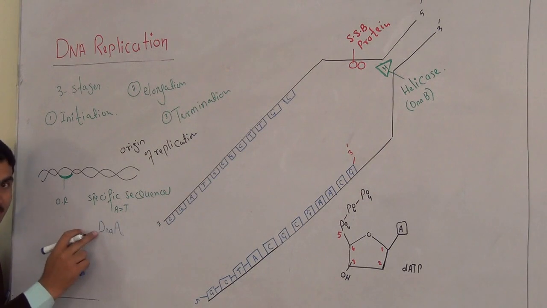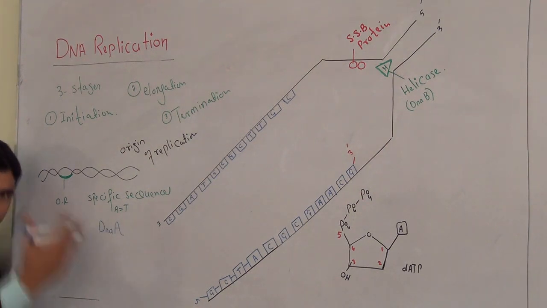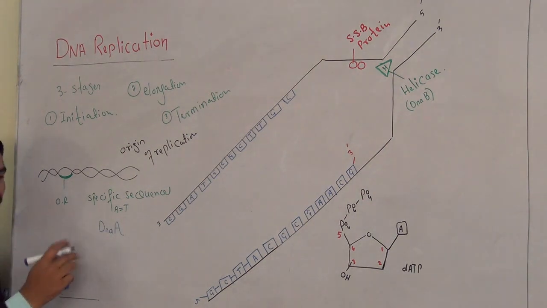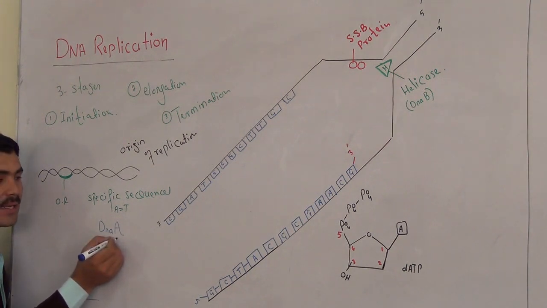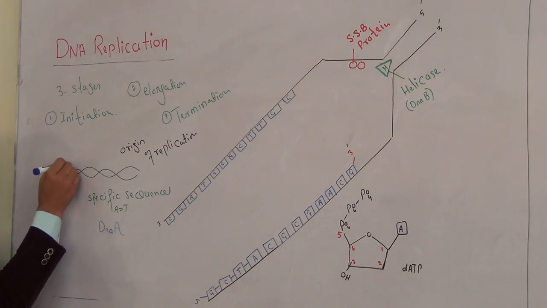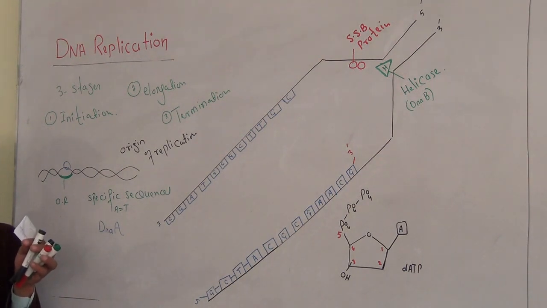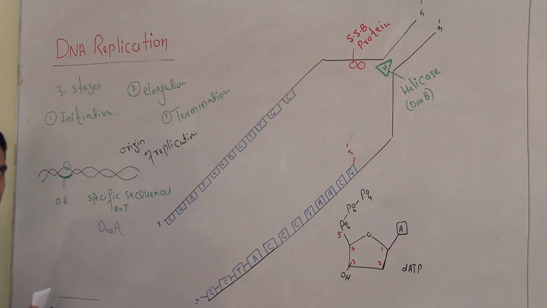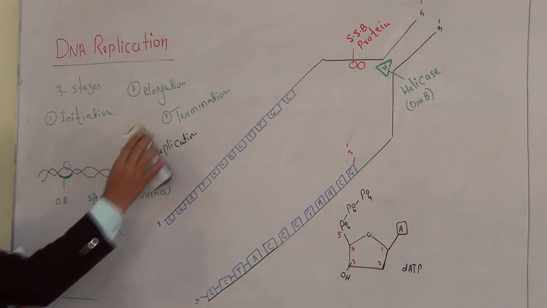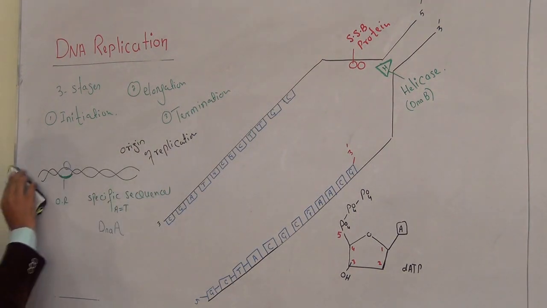Don't worry, this is not the DNA. This is just a protein that works on the DNA. This protein will attach here. What this protein will do is denature the DNA. Denature means it will break down the hydrogen bonds. Let me write it a little larger.